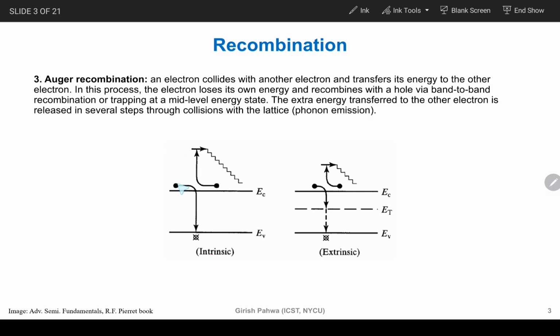Even if it is not at a very high energy state, say it is close to the conduction band, still it can simply move to the valence band. It will release an energy which is equivalent to, say, the band gap, or in fact a little more than that, and that energy will be transferred here, and this will go to a higher energy, and then it will be released in the form of phonons.